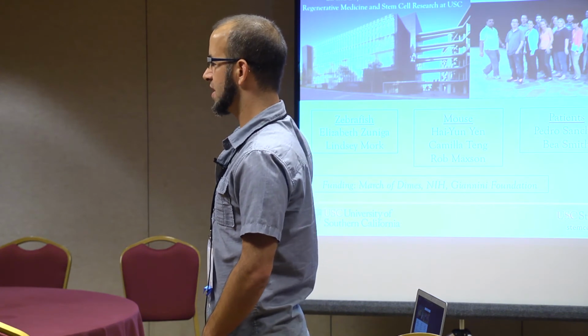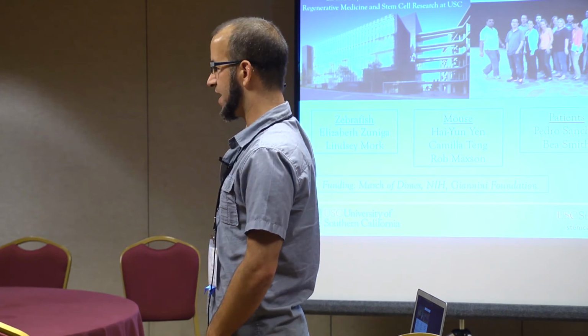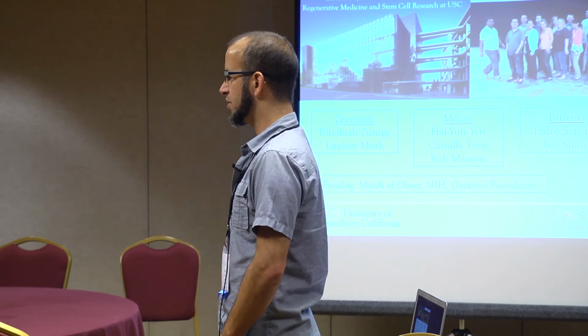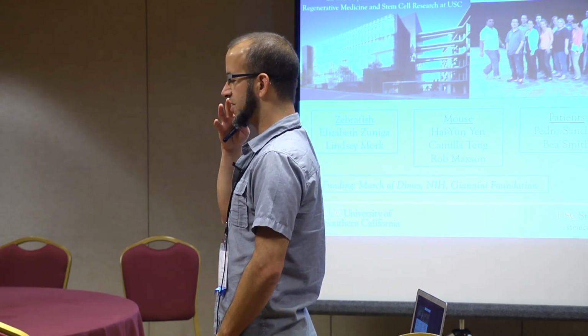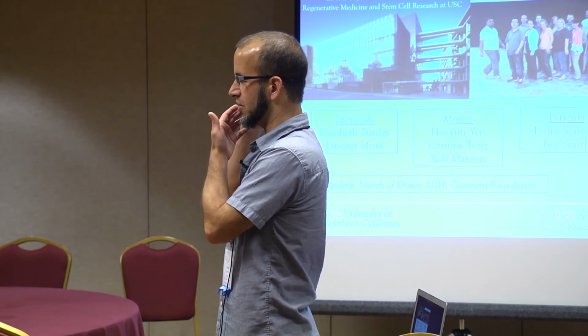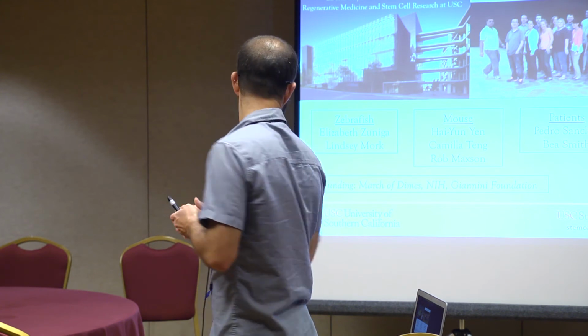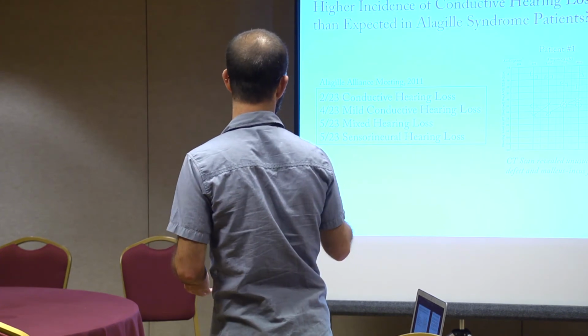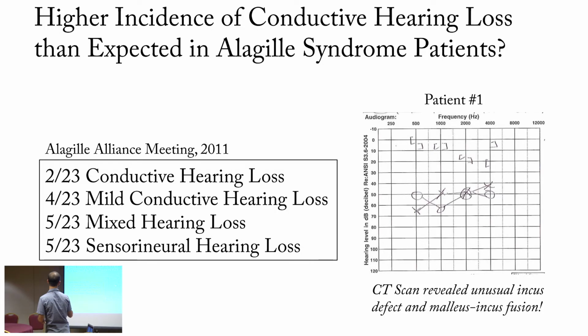I mean, you could always check, has she had a scan of the temporal bone? That could reveal something there, because the CT scan will not only reveal the middle ear bone defects. For example, this one patient, we actually didn't do this scan when we tested her at the previous Alagille meeting. She had very severe hearing loss.